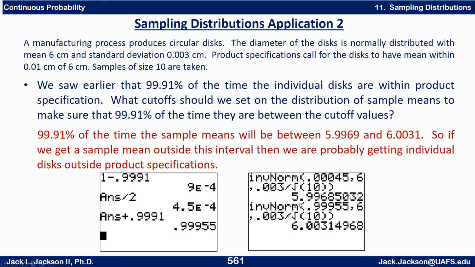Now, if we were to do this same thing and just put in the 0.003 here instead of the 0.003 divided by square root of 10, these should turn out to be our product specifications. But here are the corresponding values for the sample means. So if we get a sample mean outside that interval, we're probably getting some individual values that are outside our product specifications.